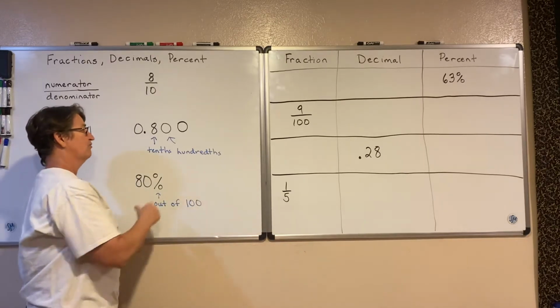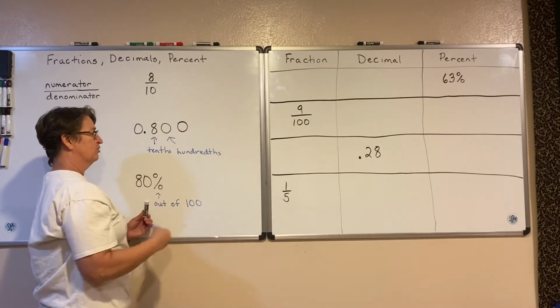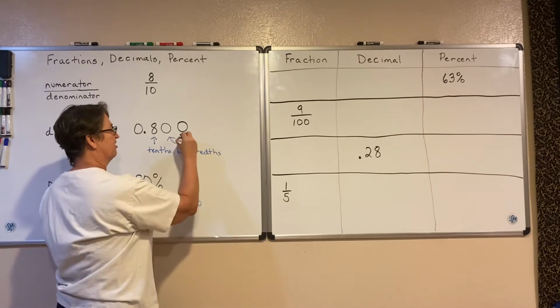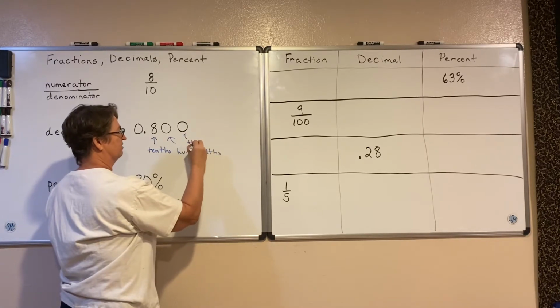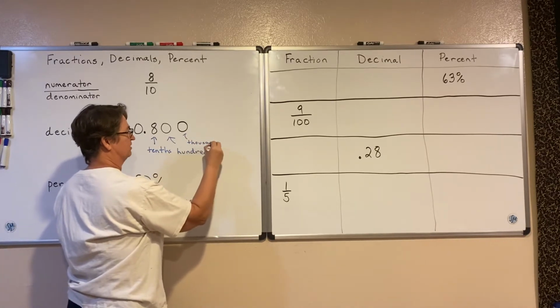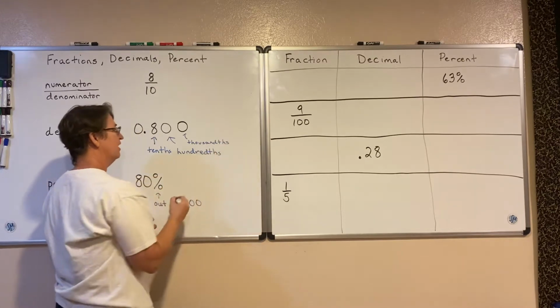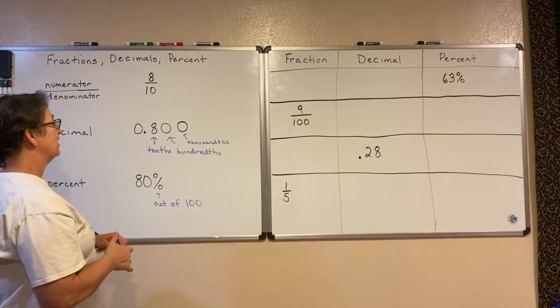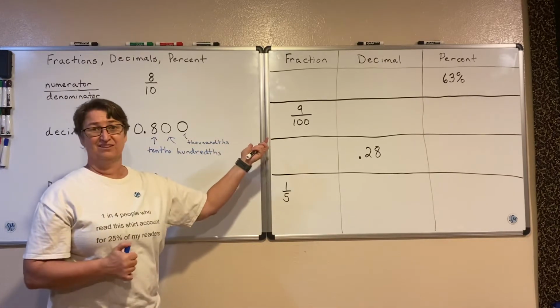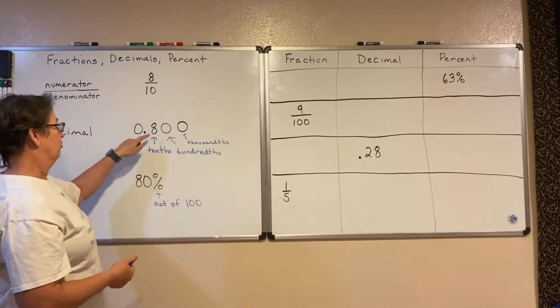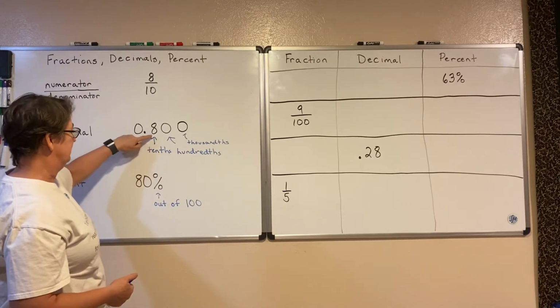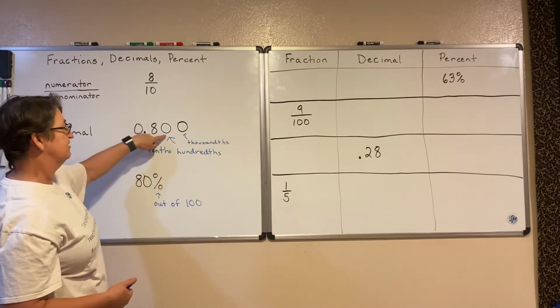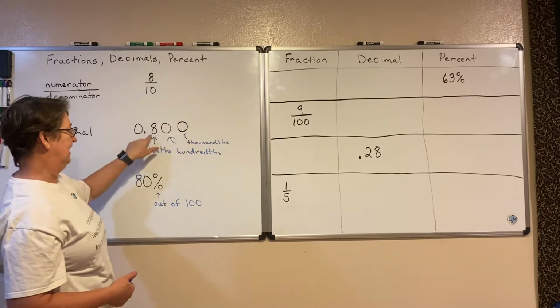If I have 0 of those, it's still just 80 cents. We call this place the thousandths place. This is our thousandths place. And then the next place would be our 10,000th place. And we can keep putting zeros because it's the same number. So, thinking of it with money is the easiest. 8 dimes and 0 pennies is the same as just 8 dimes.